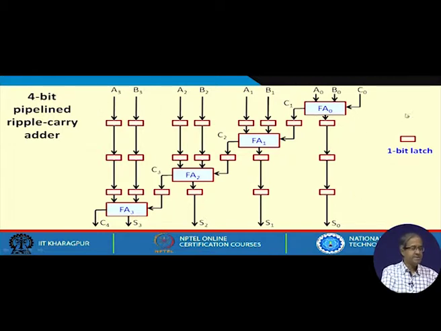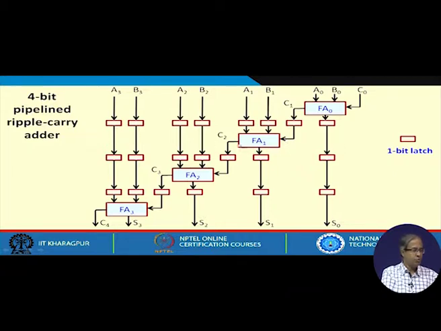See, in the first stage only the first full adder will be working, and the other input bit pairs which are coming, they will be simply stored in the latches, they will be used later, not now. After the first stage is finished, this carry C1 has been generated, it will be stored in this latch, and the sum will be stored here. So, now stage 2 comes into the picture.